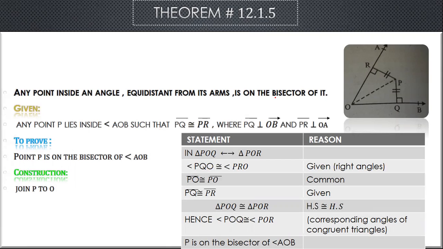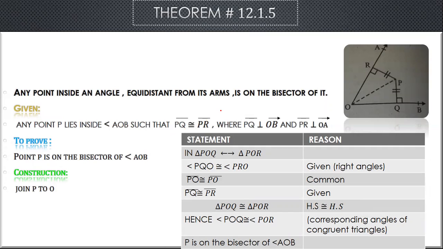In this theorem, it is already given that PQ and PR, they both are equal. We will prove that P lies on the bisector of angle AOB. You notice that in both triangles almost the statement and reasons are the same in the direct and converse theorem.